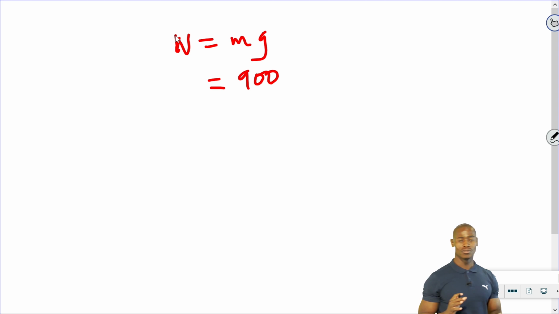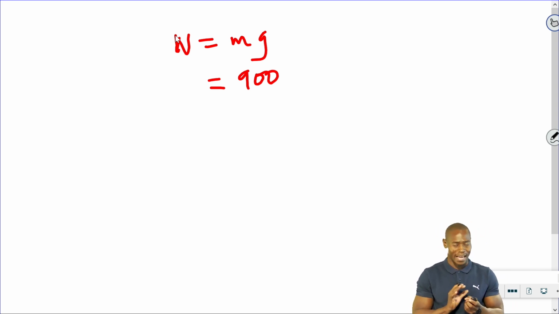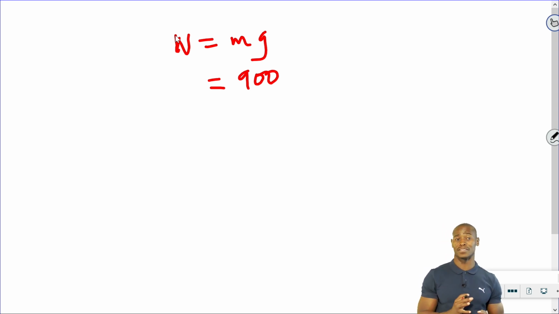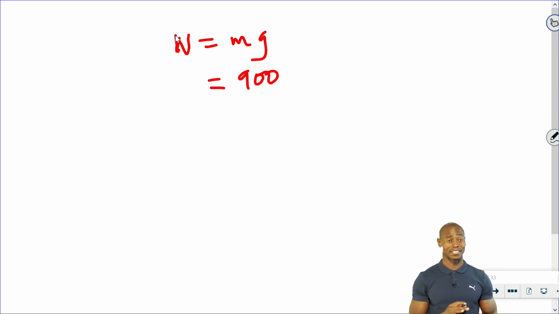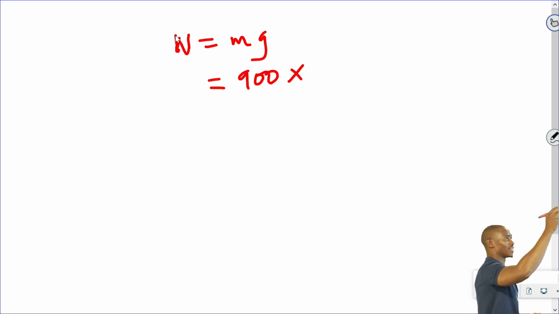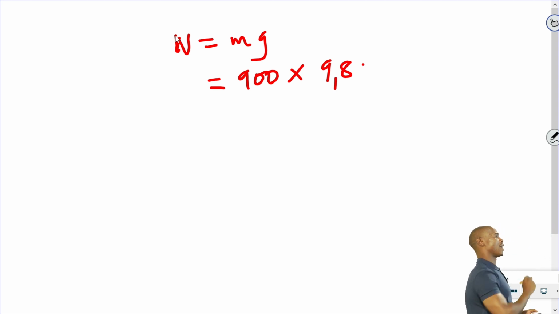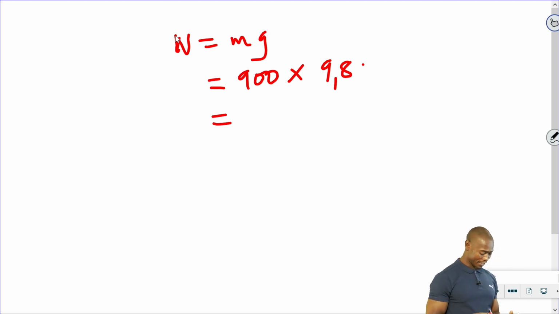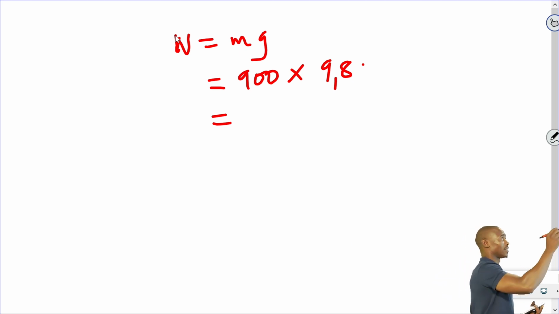Remember what I said: even if I move from planet X to planet Y, if the mass of an object, for example this probe, is 900 kilograms, it will remain 900. What is different is the acceleration due to gravity. The acceleration due to gravity on planet Earth, according to our data sheet, is 9.8. Then we are going to have 900 times 9.8, and it gives us what?